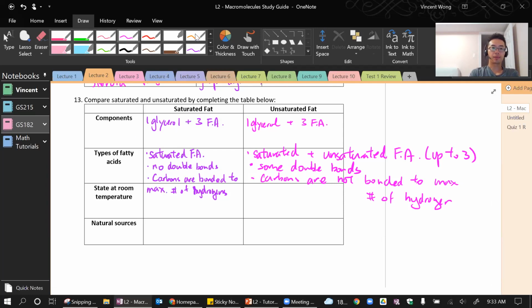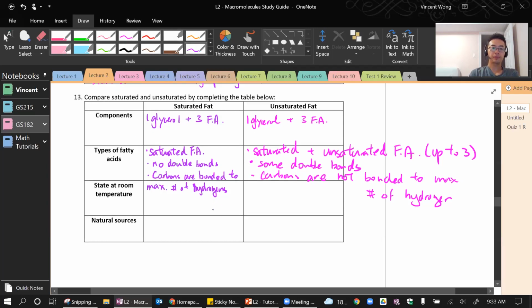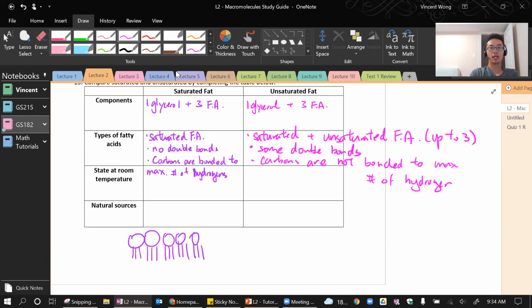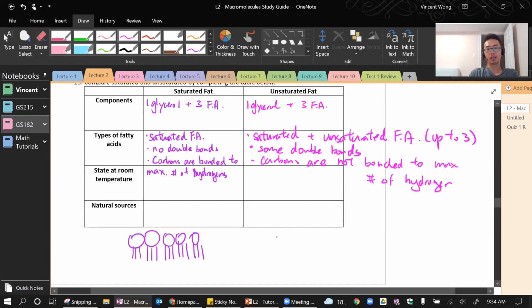So what's going on with this? Well, if it's saturated fat, because it doesn't have double bonds in the fatty acids, the tails are straight. So you can pack them really closely, and there's not much space between the molecules. But if it has a double bond, it will cause the tails to have a kink.